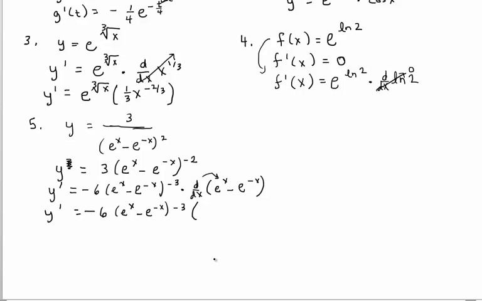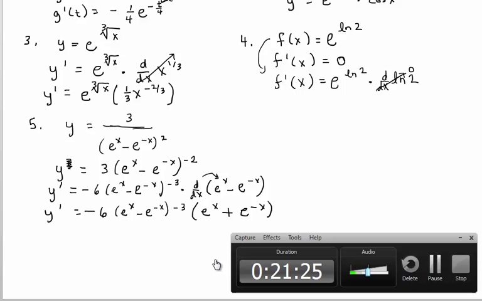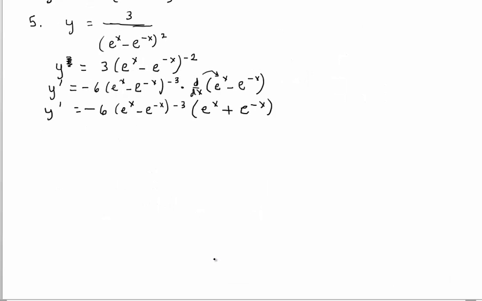So make sure to use parentheses, e to the x minus the derivative of e to the negative x, which is going to be e to the negative x times negative 1, because it's the derivative of the exponent. And if it's times negative 1, I'm just going to make the adjustment right here and make it positive. You can do a little cleanup on that, make a fraction, put things in the numerator and denominator, but we're pretty much done. Looking at the time limit here.